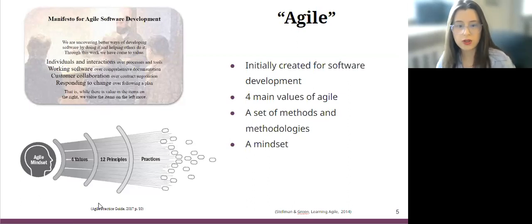You can see the values on the left: individuals and interactions over processes and tools, working software over comprehensive documentation, customer collaboration over contract negotiation, and responding to change over following a plan. Hopefully at the end of this webinar, all of these values will make sense even in the context of an LSP project for you.